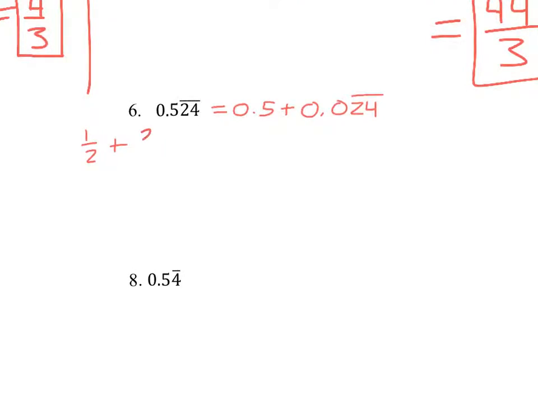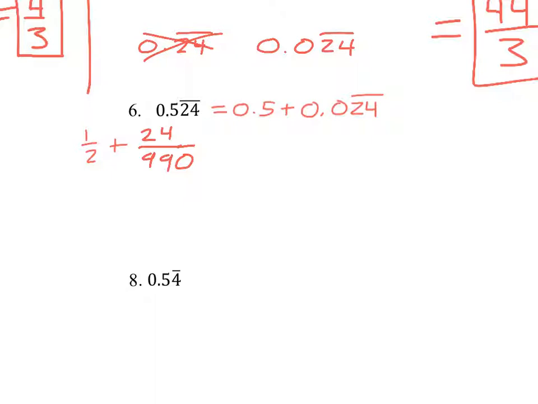For the second part, I said that if 2 digits repeat, it is over 99. But that would only work if we wanted 0.24 repeating. That's not what we want. We want 0.024 repeating. So to move the decimal place 1 spot to the left, I need to add a 0 here.